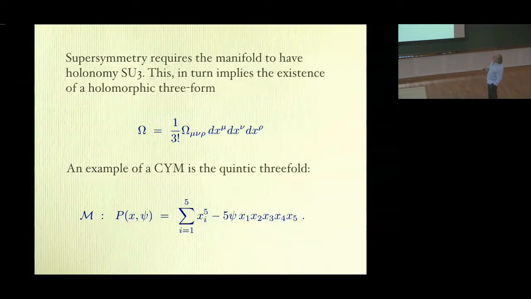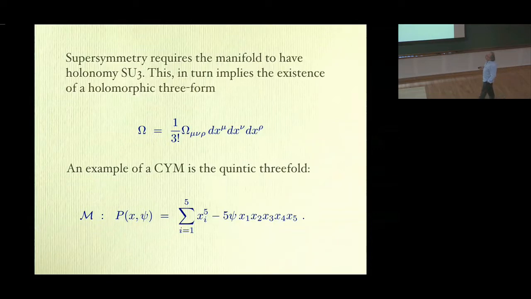So 3 complex dimensions. And so here it admits a 3-form omega, which is purely holomorphic in the indices. So you can divide the coordinates up into 3 holomorphic coordinates and 3 anti-holomorphic coordinates. And the statement is it depends just on the 3 holomorphic coordinates and does so moreover holomorphically. So these coefficients here are moreover holomorphic functions.